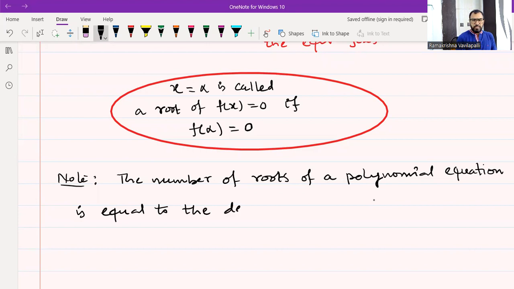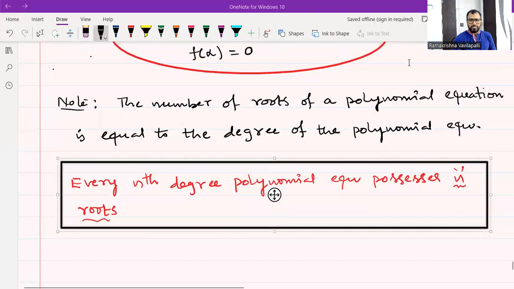Okay. So every nth degree polynomial equation possesses n roots.